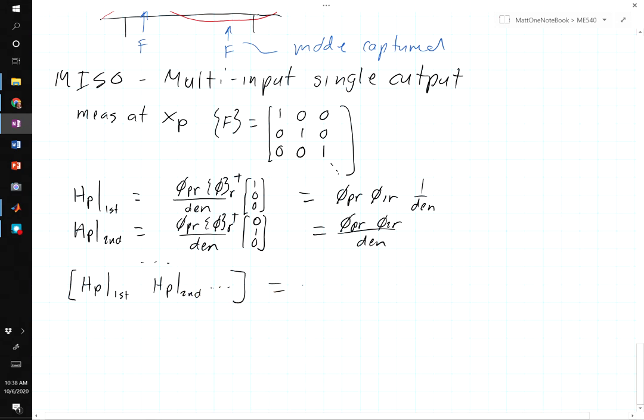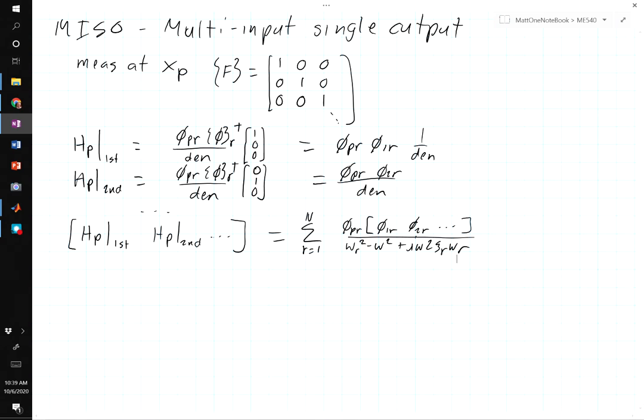We could write the whole matrix as a summation over the modes of phi PR, and then we'll have a vector phi 1R, phi 2R, a row vector now. And then we'll have the same denominator, omega r squared minus omega squared plus i times 2 zeta r omega r omega.